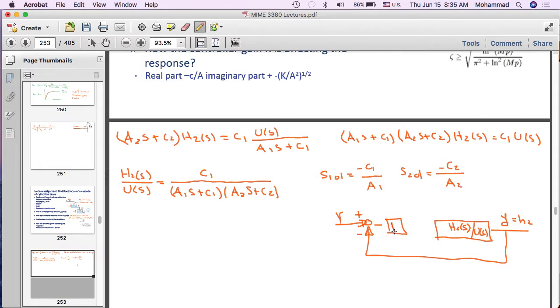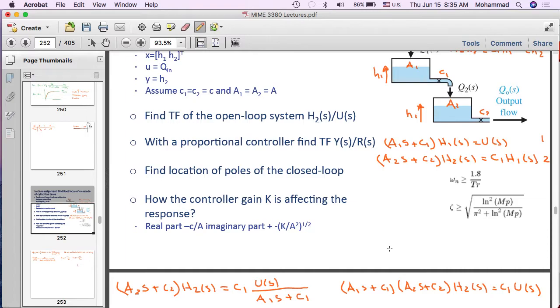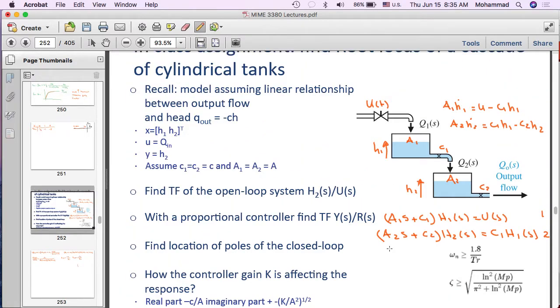Then we multiply the difference between the two by a constant number to calculate how much flow we let come to the first tank. This is the proportional controller. To implement it, you would have a sensor here to monitor the level of the second tank.